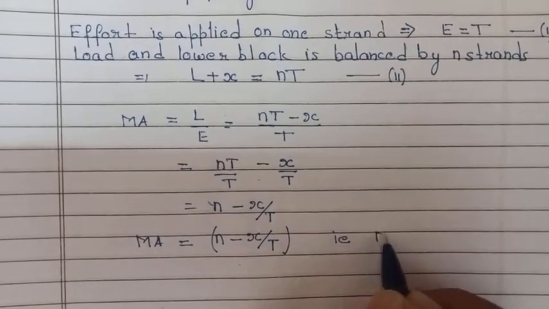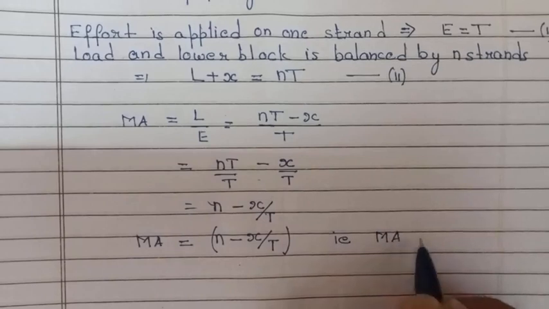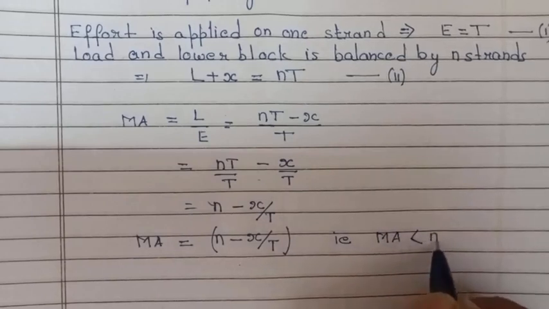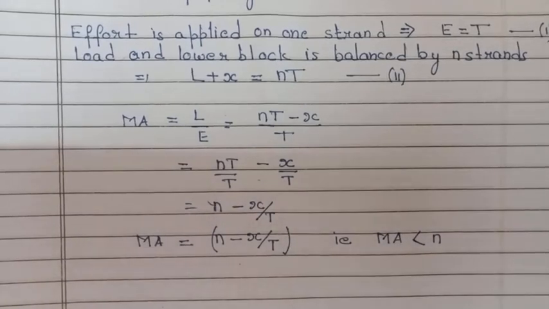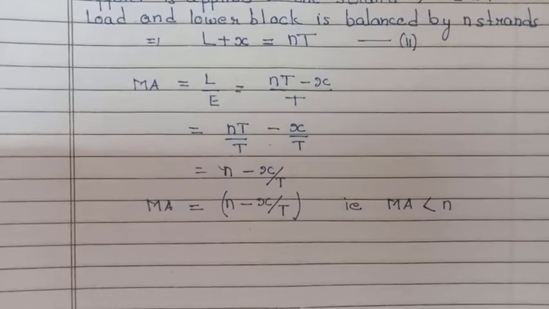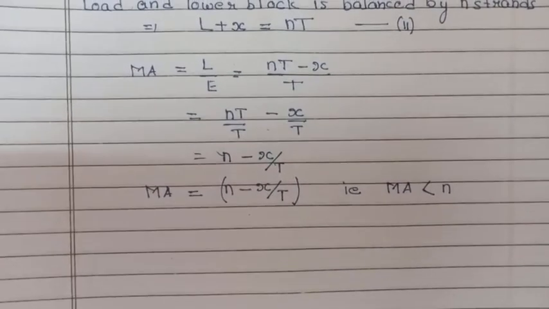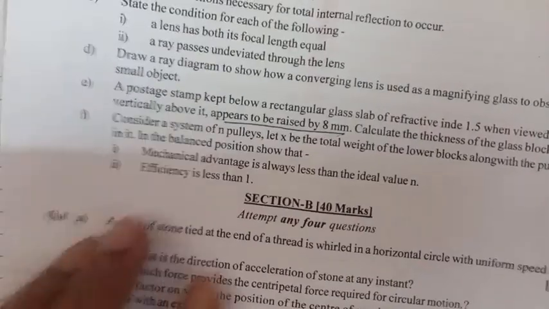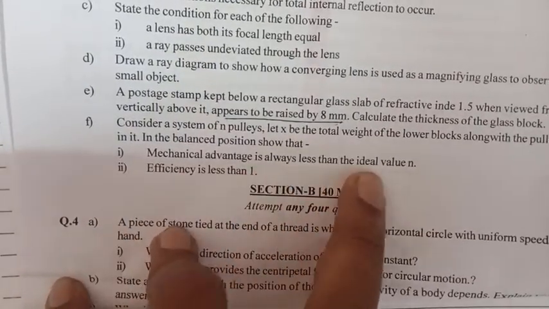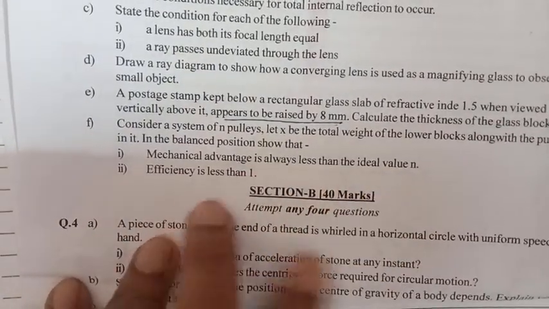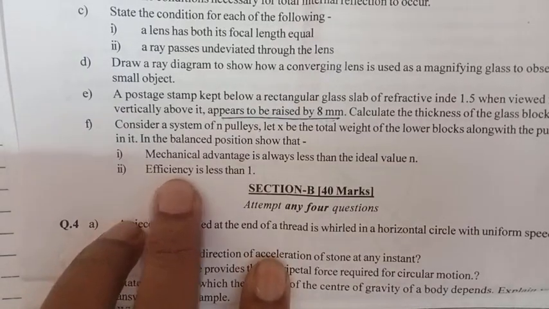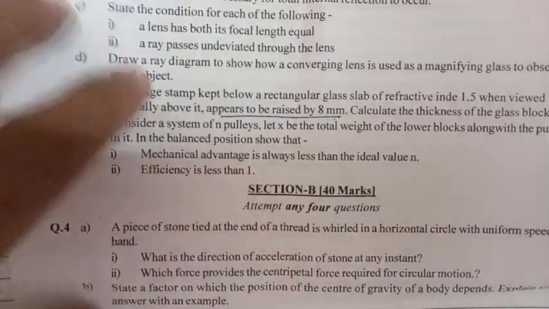In the first part they asked you to prove that mechanical advantage will be less than n, so we have got mechanical advantage less than n. Now in the second part we have to show that efficiency is less than 1.